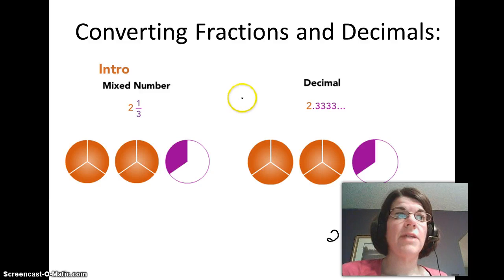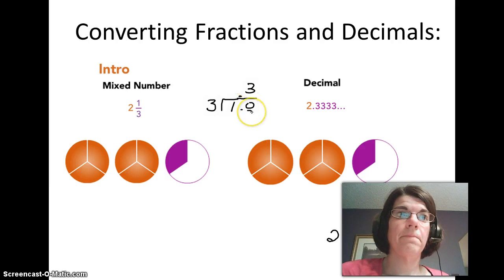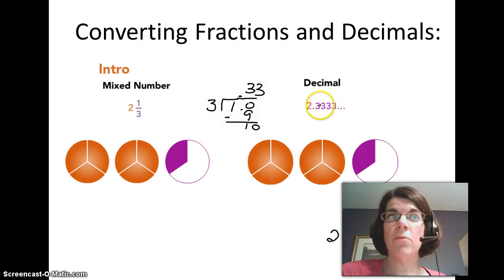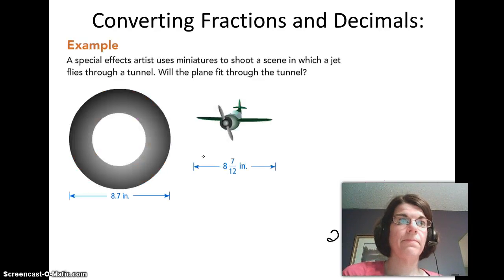So if we take a look at 1/3, if we divide out 1/3, this is where the 0.33 repeating is coming from, the 1/3. Okay, and it just shows that the pictures are the same here for both.